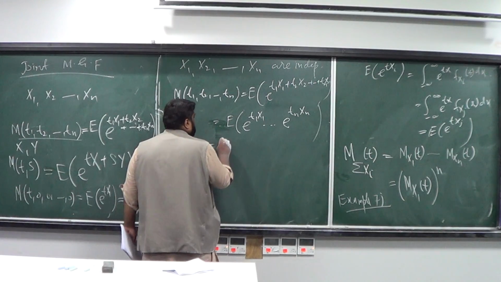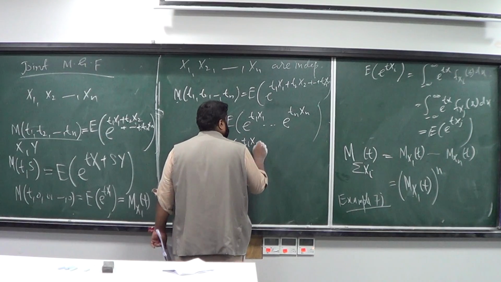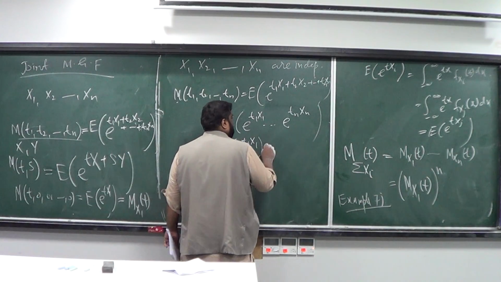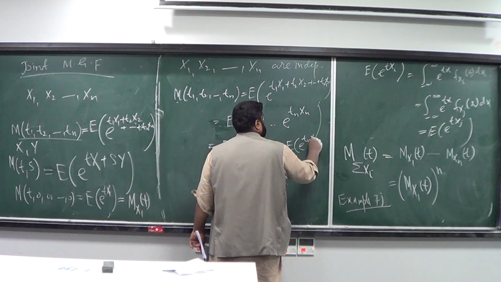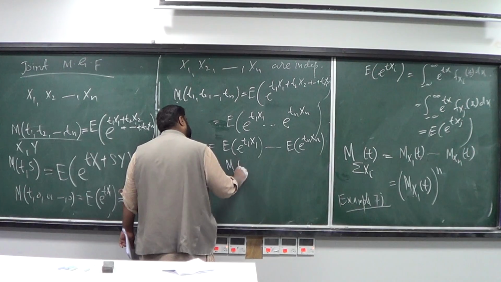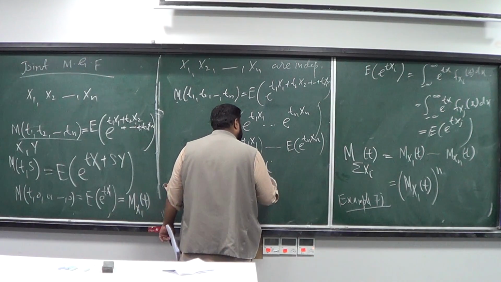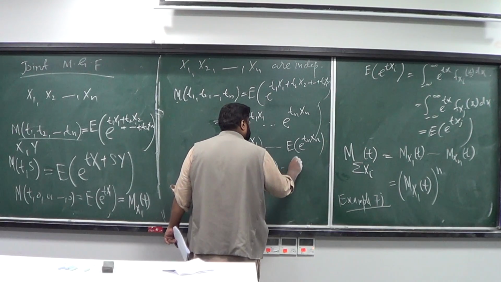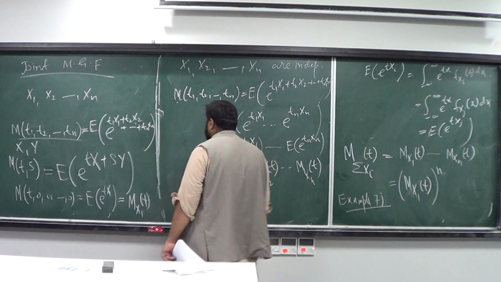Hence, this is equal to the expectation of e to the t1 x1 times up to e to the tn xn, which is the same as the moment generating function of x1 multiplied by that of x2, up to that of xn. So this is what you can get.